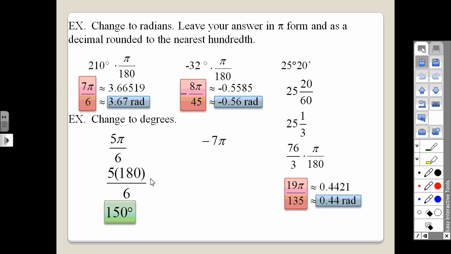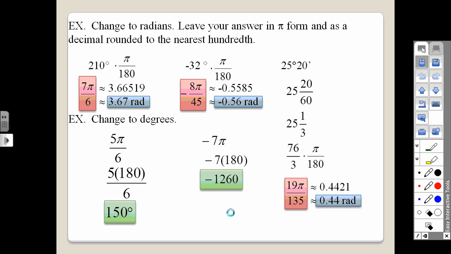So 5 times 180 divided by 6, we get 150 degrees. And over here, negative 7 times 180, you get negative, oh, I forgot my degree symbol, negative 1,260 degrees. Okay, so those are conversions.